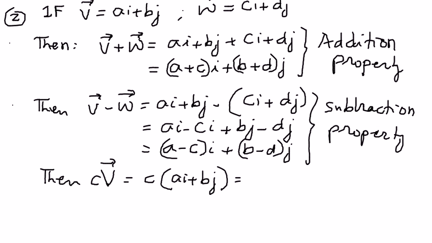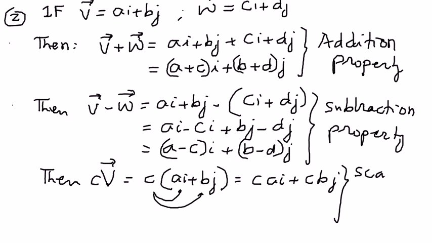So the way we can write this one, expand it out, is by distributing the C to every one of the terms inside the parentheses, C times AI plus C times BJ. And this is what is called the scalar multiplication property. Okay. So these are some of the properties. There are some more properties.